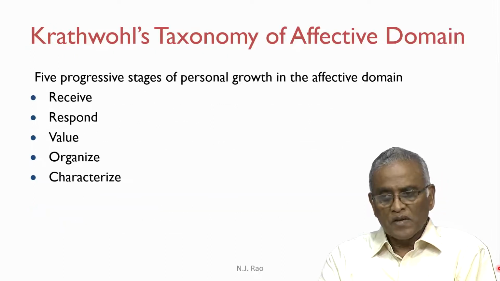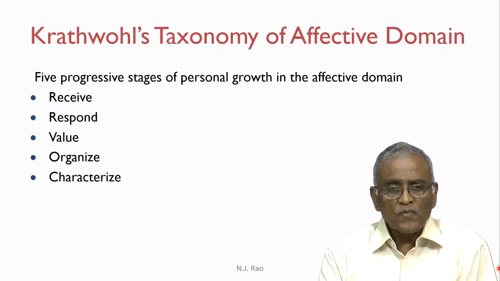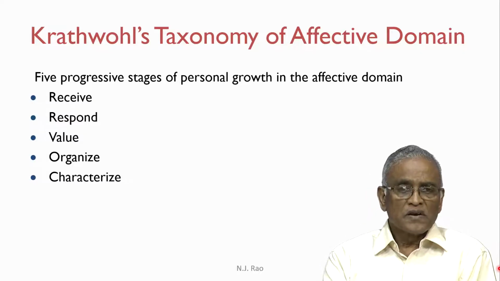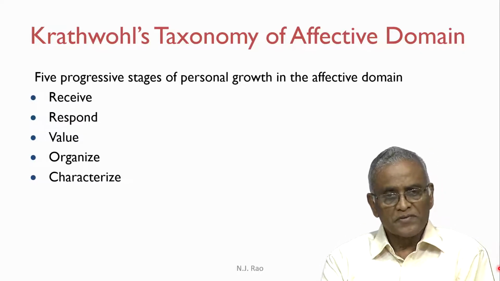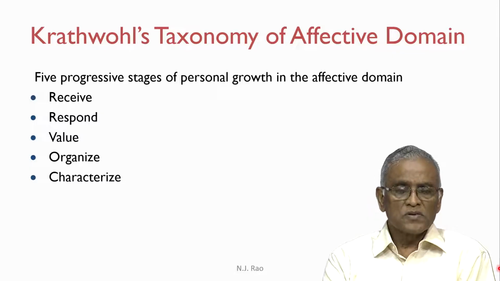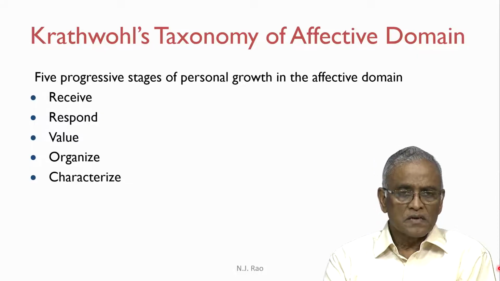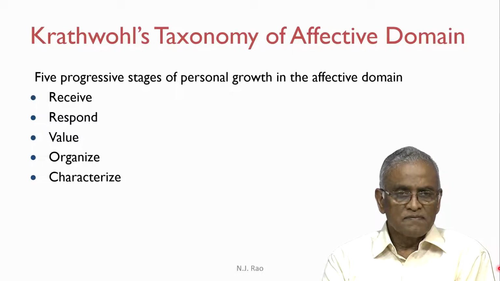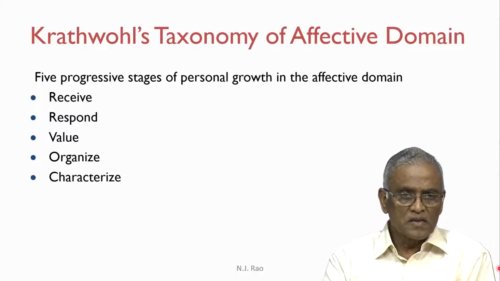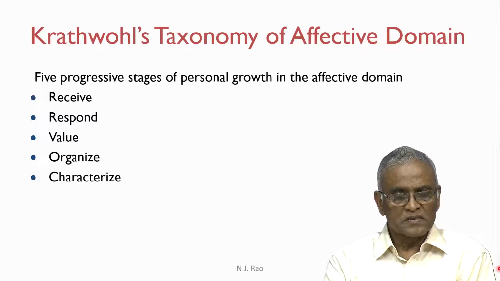Now there have been several taxonomies of the affective domain. One of the first ones was presented by Krathwohl's group back in the early 60s, and these are receive, respond, value, organize and characterize.